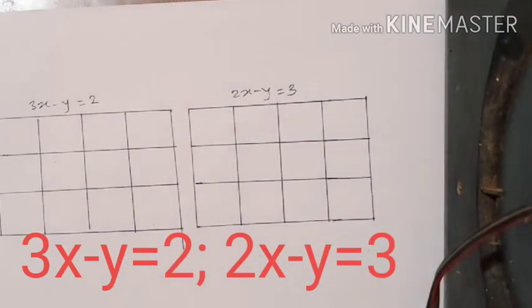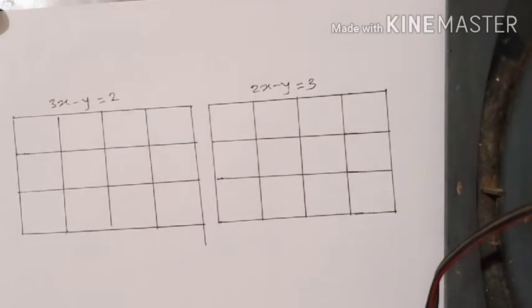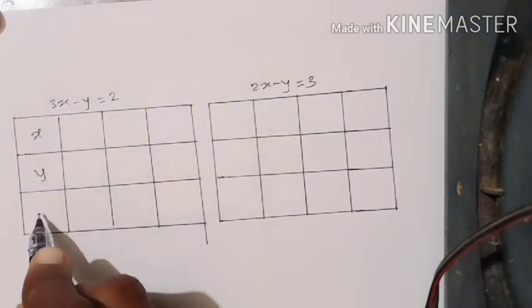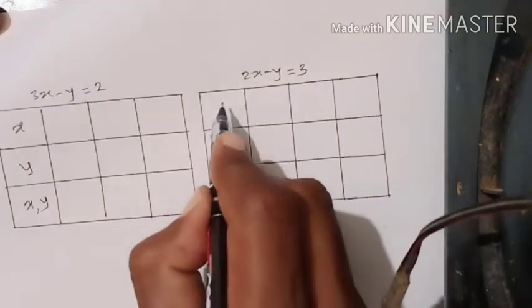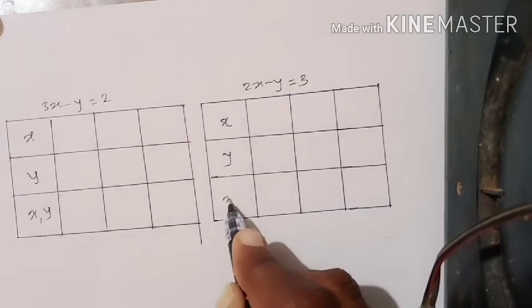It is the second equation of example number 4. Now we have to complete the box. At first you have to write in the first box x, y and x comma y. In the second box also, write x, y and x comma y.